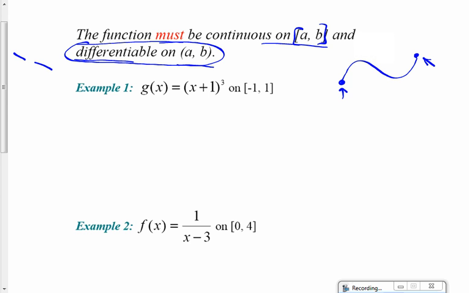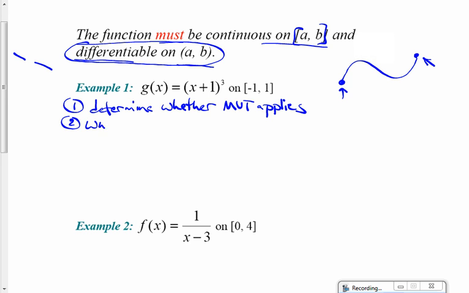All right, so here's what we're going to do. Basically, we're going to need to determine, number 1, whether the MVT applies. Number 2, what point or what characteristics of a point does it guarantee?